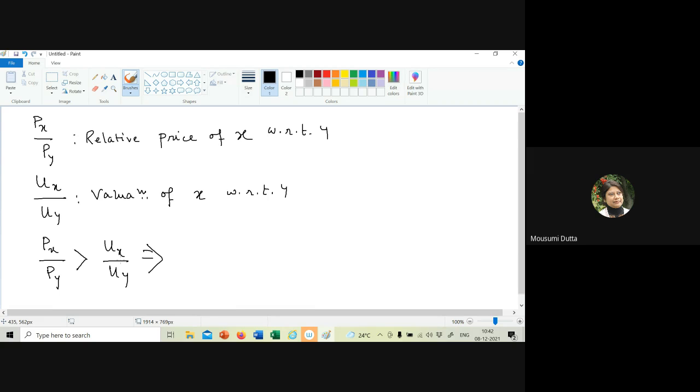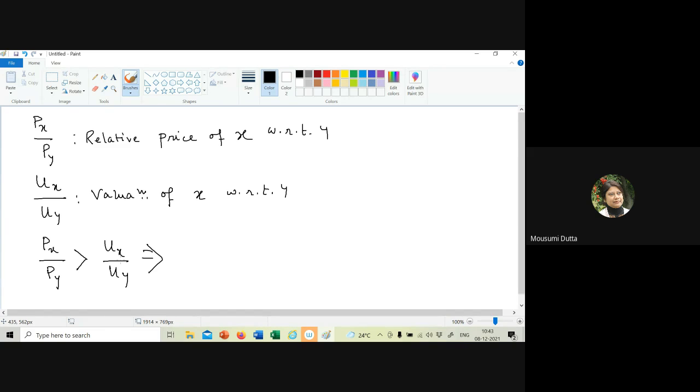Px by py is how much you are paying to get an additional unit of x with respect to an additional unit of y. How much you are giving to the seller for getting one unit of additional x compared with the price of y.